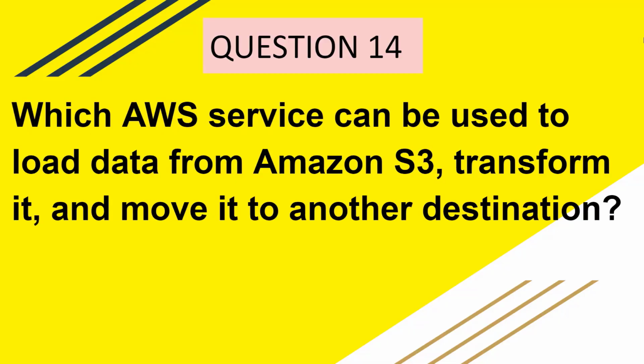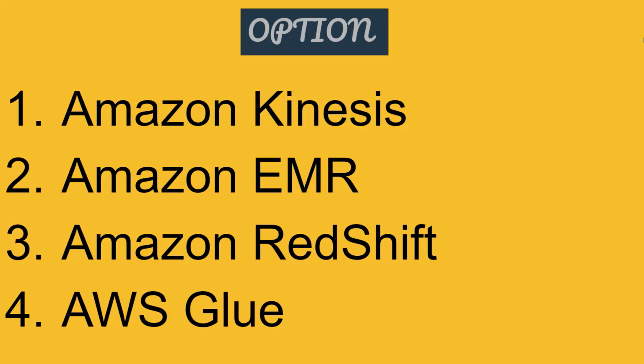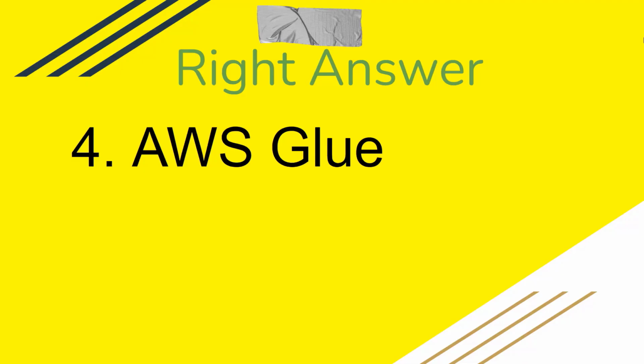Question 14. Which AWS service can be used to load data from Amazon S3, transform it, and move it to another destination? Option 1. Amazon Kinesis. 2. Amazon EMR. 3. Amazon Redshift. 4. AWS Glue. Right answer: 4.